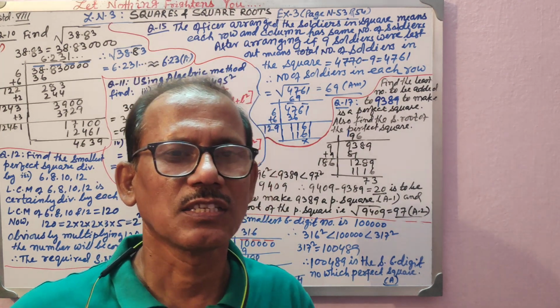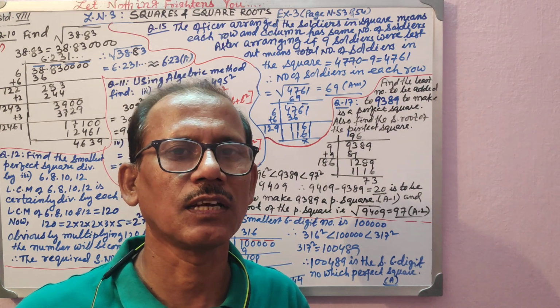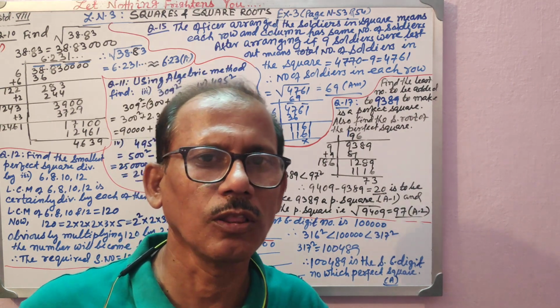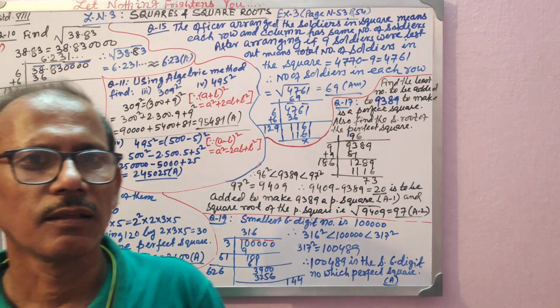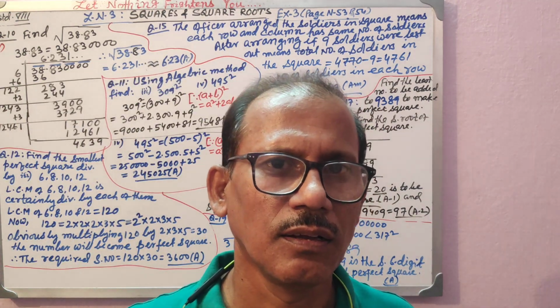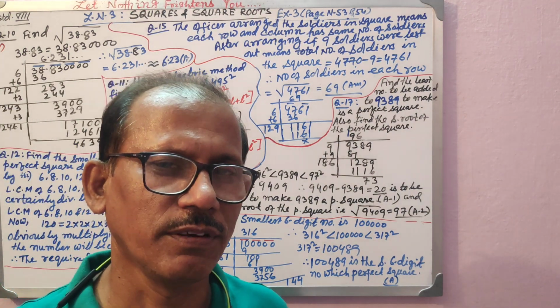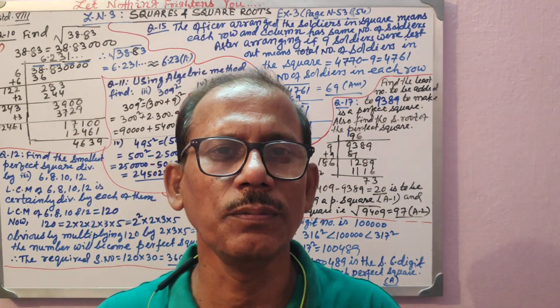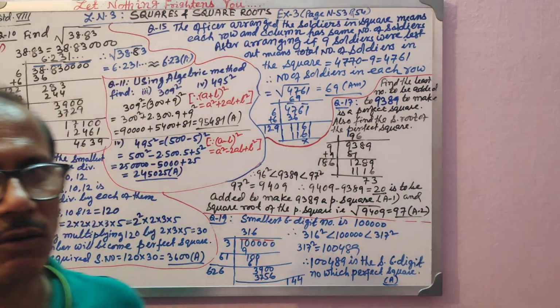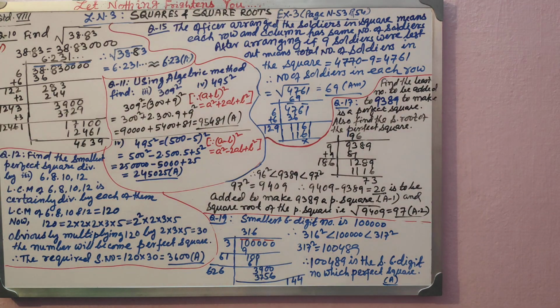There you will find some of the prime factors are not in pairs. The product of all those numbers not in pairs will be multiplied with the LCM, and whatever it comes to will be the smallest number which is a perfect square.